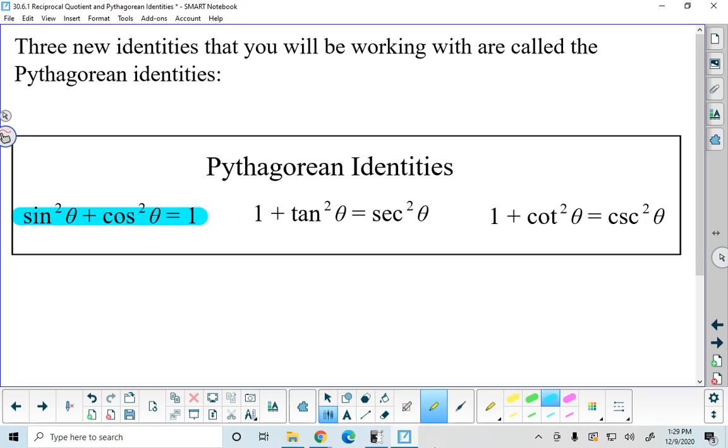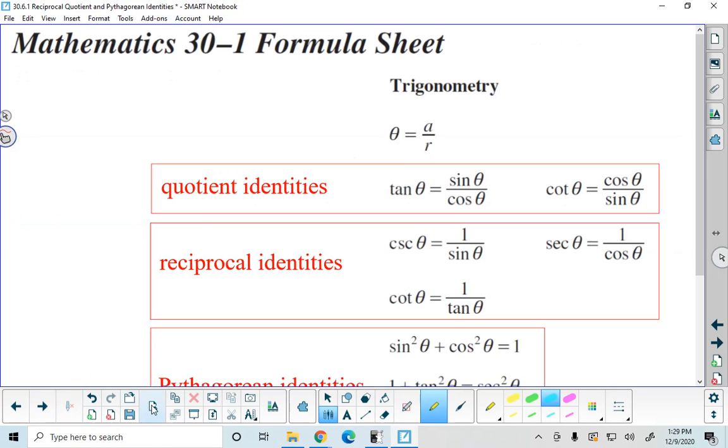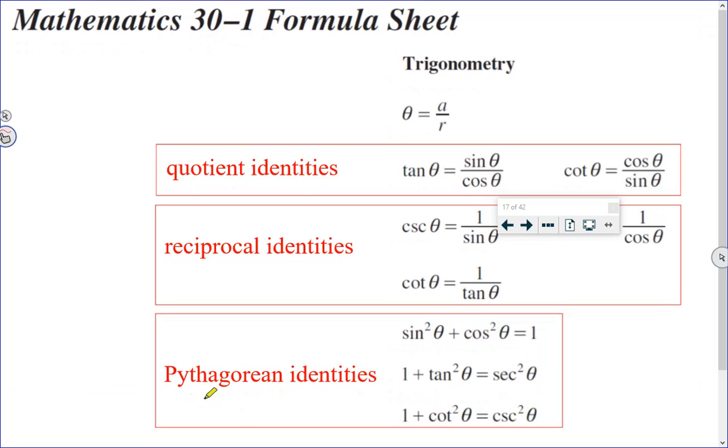So now that I've filled your brain with 8 different identities that we're learning today, I can draw your attention to your formula sheet, and on your formula sheet, they are all there. I've blocked out some other stuff that we'll deal with later.